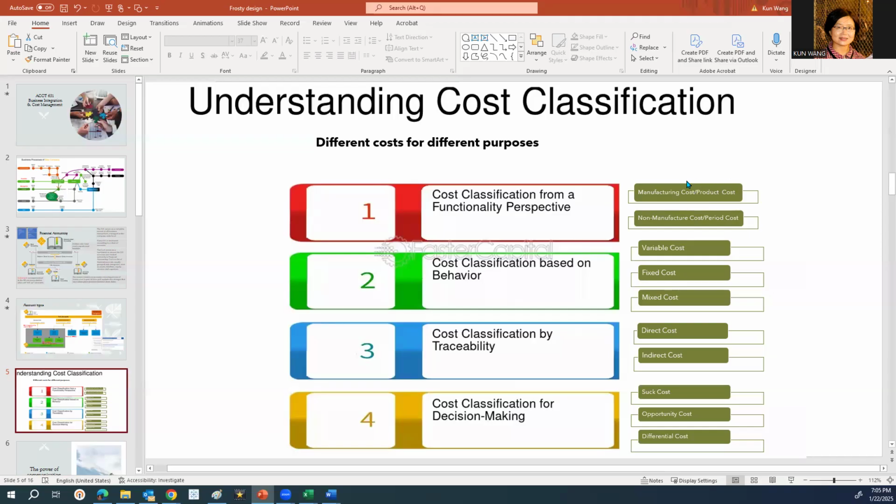So it means we are trying to capture the real cost, like the direct cost to make the products or provide the service. Okay, that's normally the direct material, direct labor, and the general manufacturing overhead.